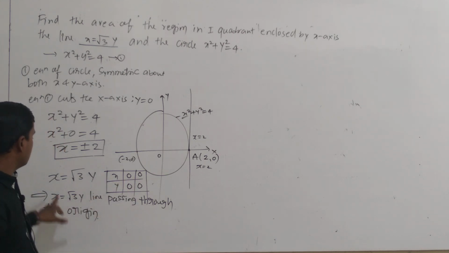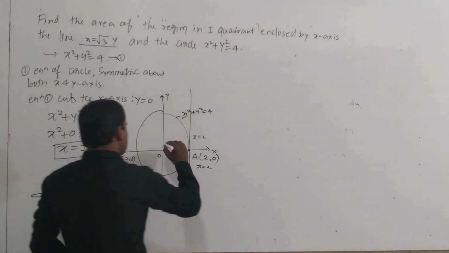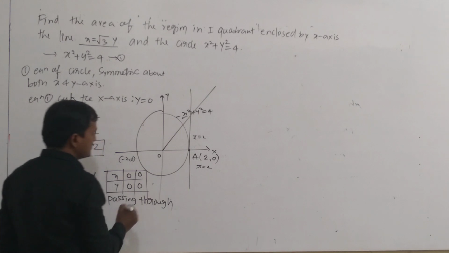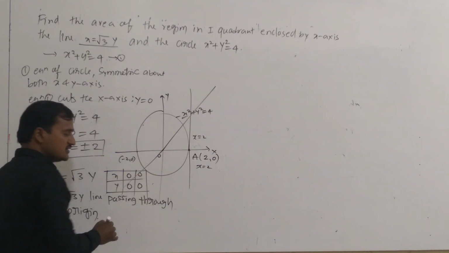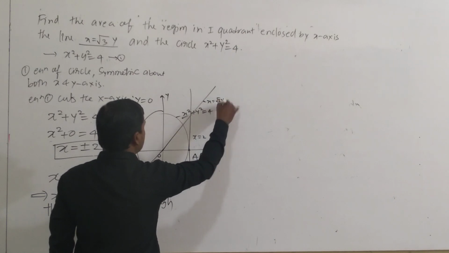So we should draw it like this. This is the line x equal to root 3 y.